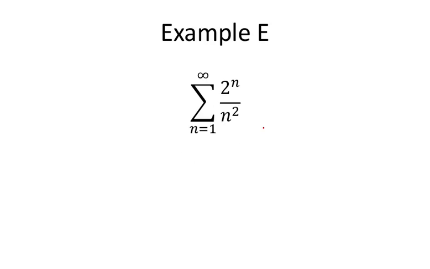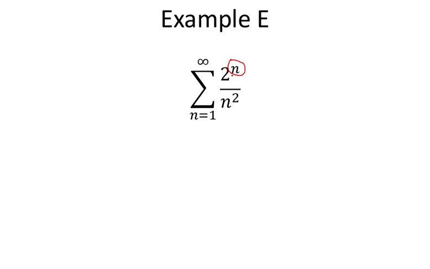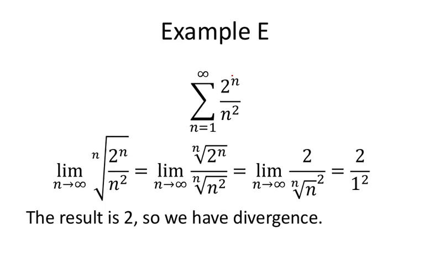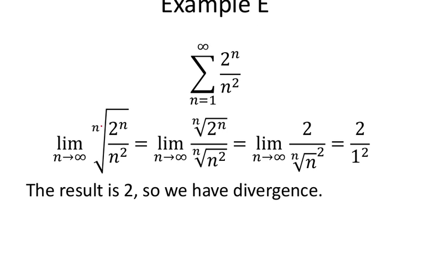And here's our last example. Example E is 2 to the nth power over n squared. You see this n in the exponent means that we are going to be doing the root test, or at least that would be the most straightforward approach to testing for convergence. So you take the nth root of this ratio, and the numerator turns into 2.